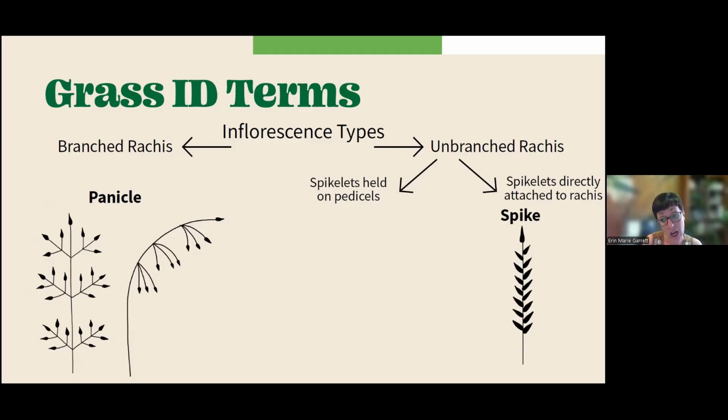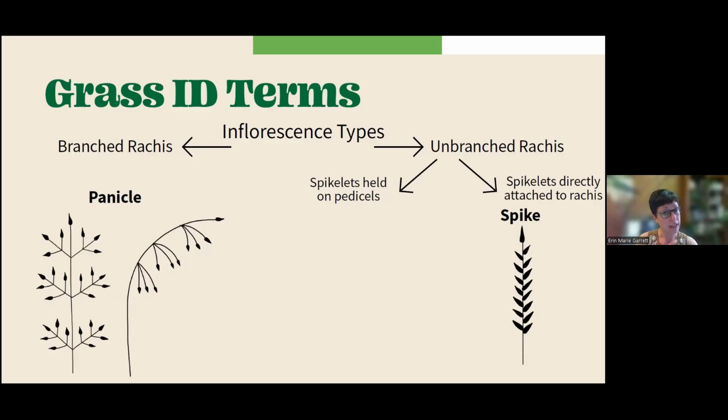If they are, we call it a spike. This one's the most simple and it looks like the name. Another win for us: a spike, just one central stem, all the spikelets directly attached to it.